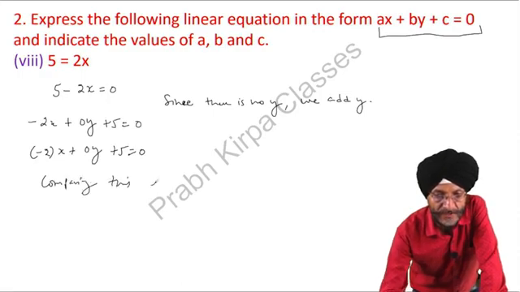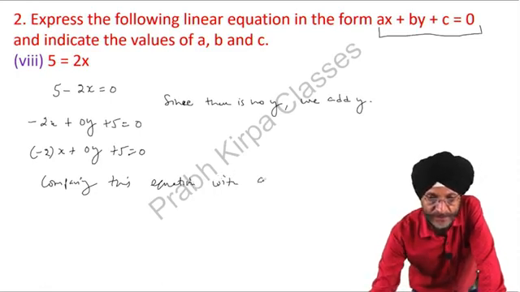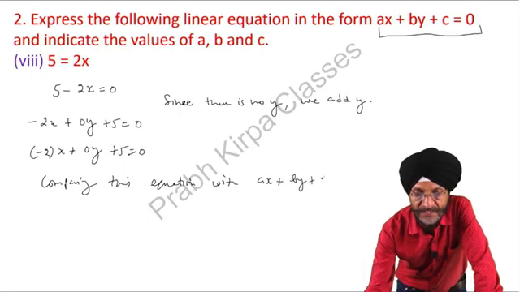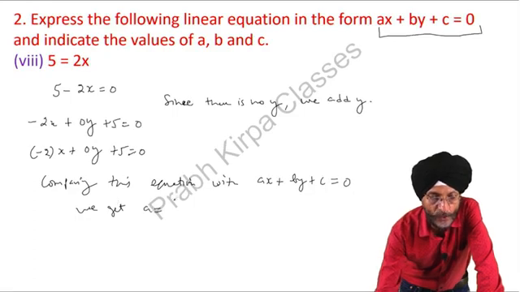Now, comparing this equation with the standard equation of linear equation with two variables ax plus by plus c is equal to 0, we get a is equal to, here x is given, what will be the a?